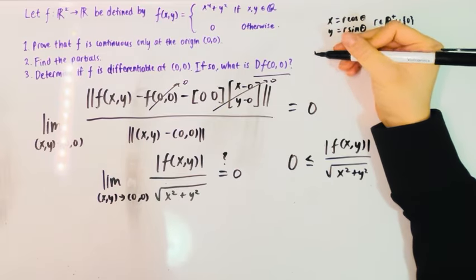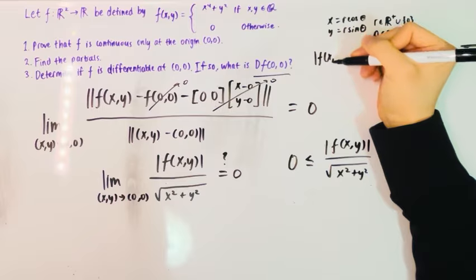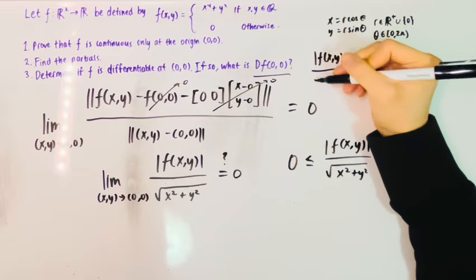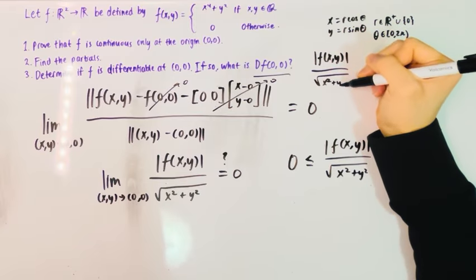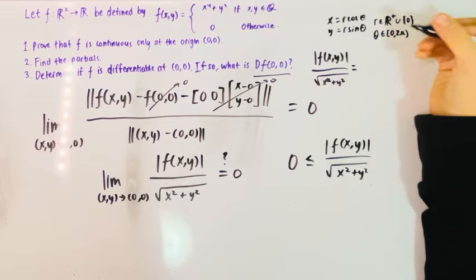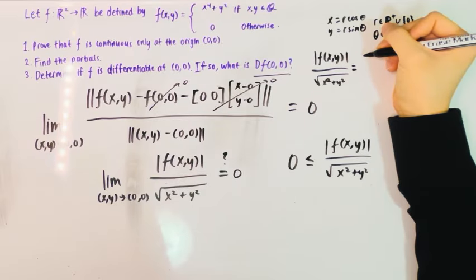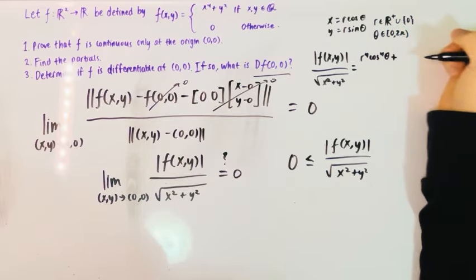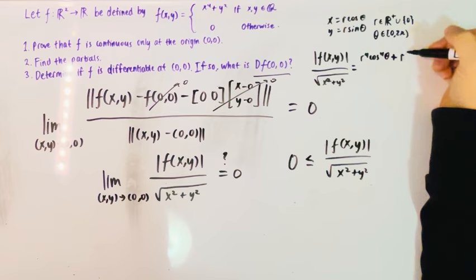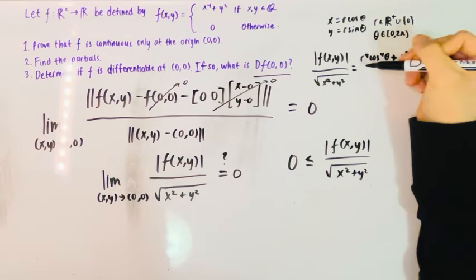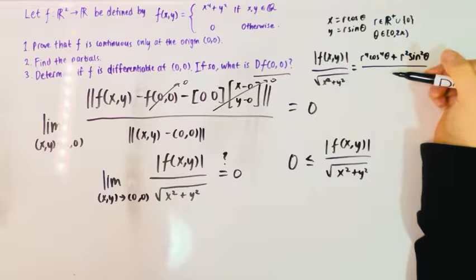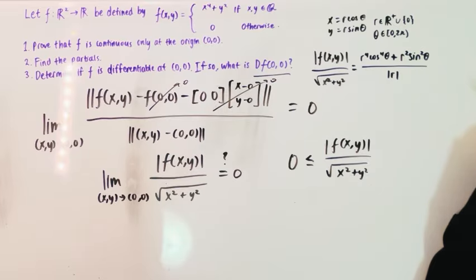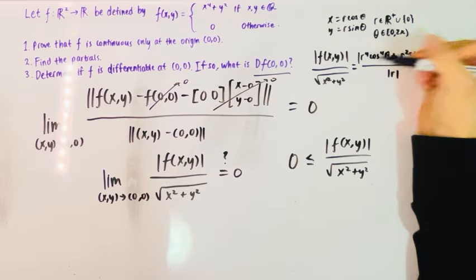Let me just write it here on the side. It's going to be equal to r⁴ cos⁴ theta plus r² sin² theta, over the absolute value of r.